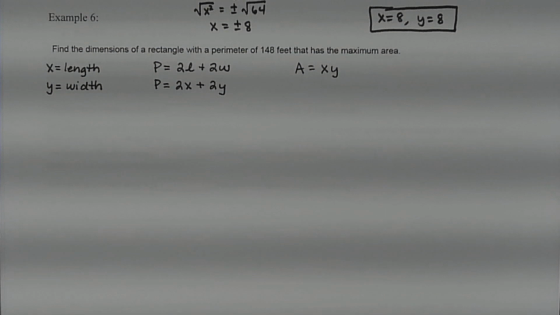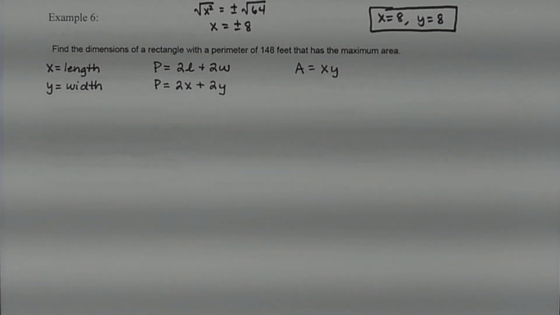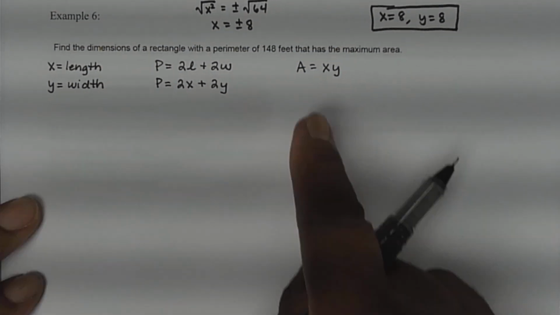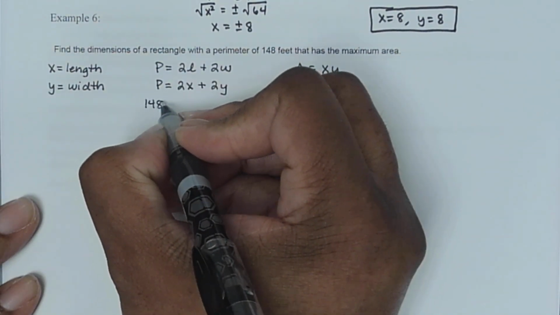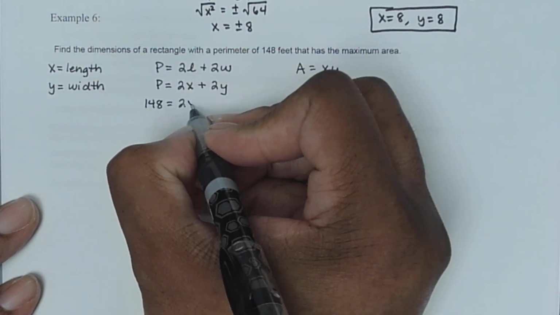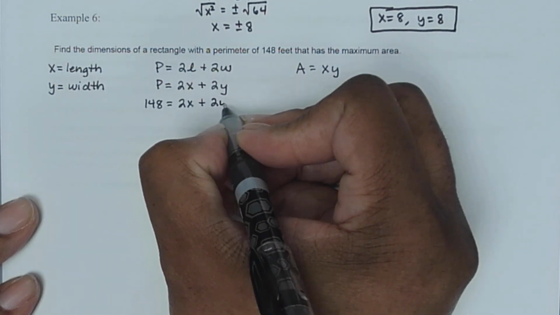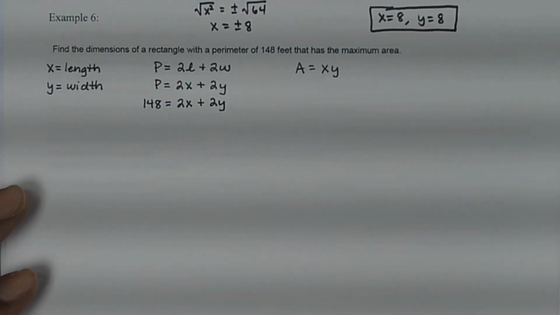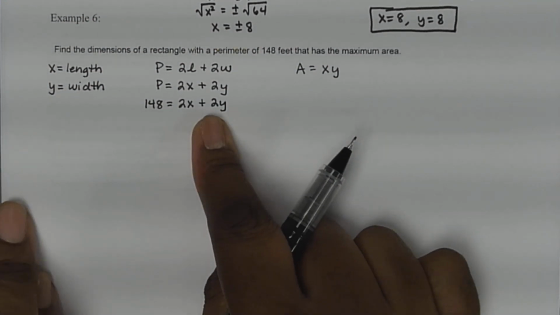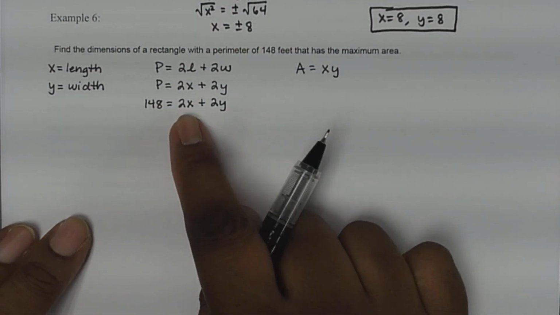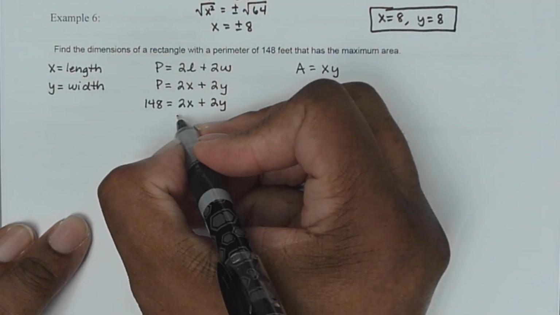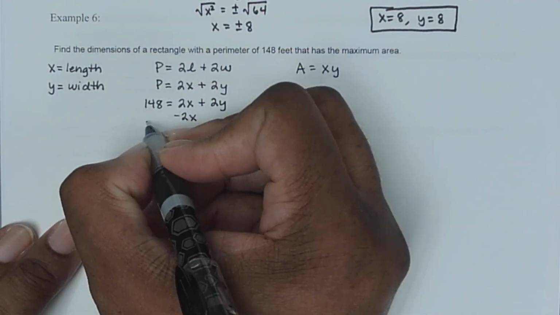Now, what I'm going to do here is take that perimeter formula. Now, the perimeter, of course, is 148. So let me go ahead and replace the P with that 148. And that would be equal to 2x plus 2y. And then we can solve this equation, let's say for y. So that means I need to move the 2x over to the other side by subtracting 2x.